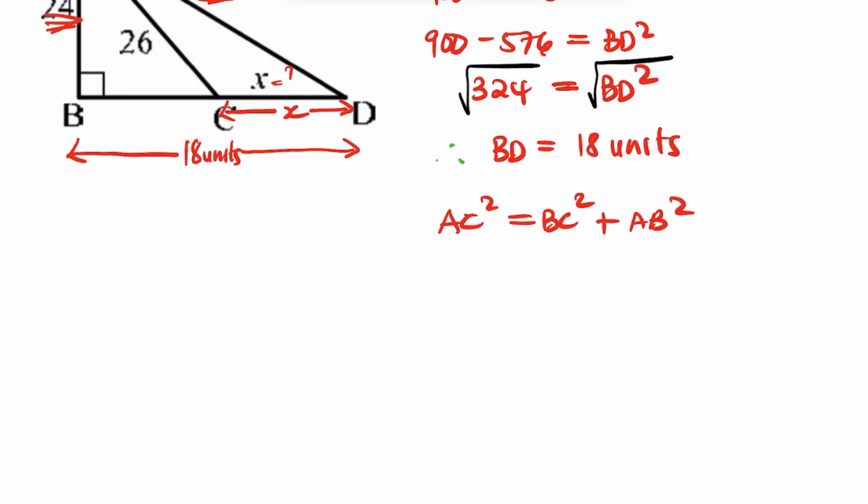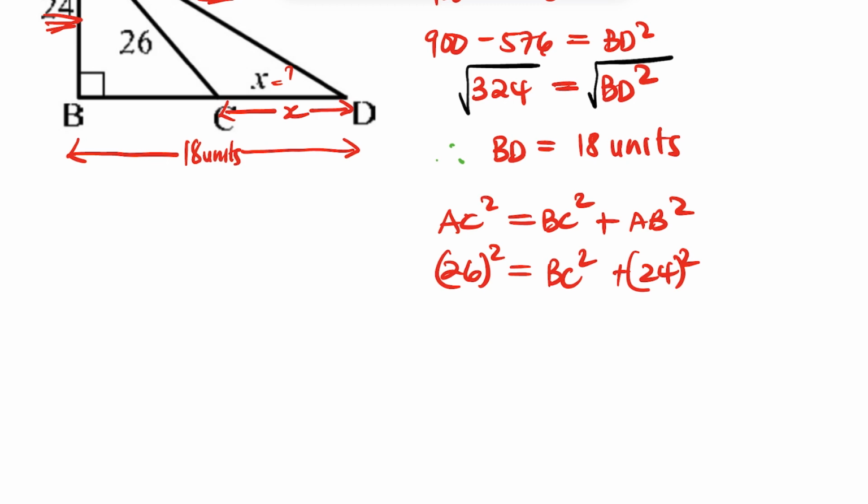So we'll say AC square is equal to BC square plus AB square. I hope that makes sense. So the AC, we're given this side AC is 26 units. So it's 26 square. And the BC is the one that we're looking for, BC square. And the AB is 24. It's 24 square.